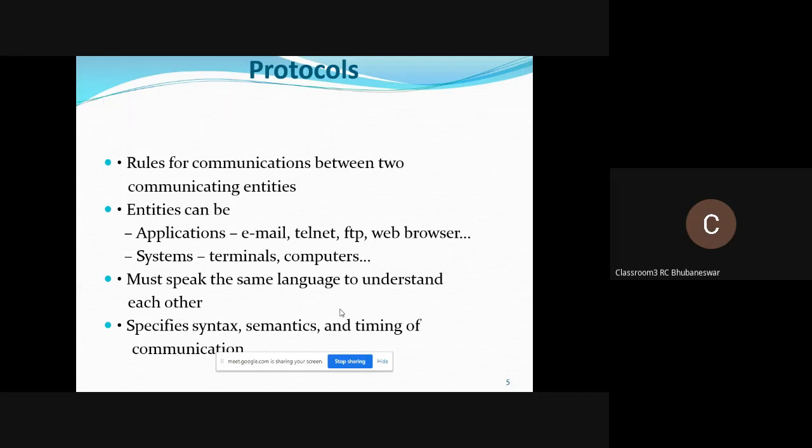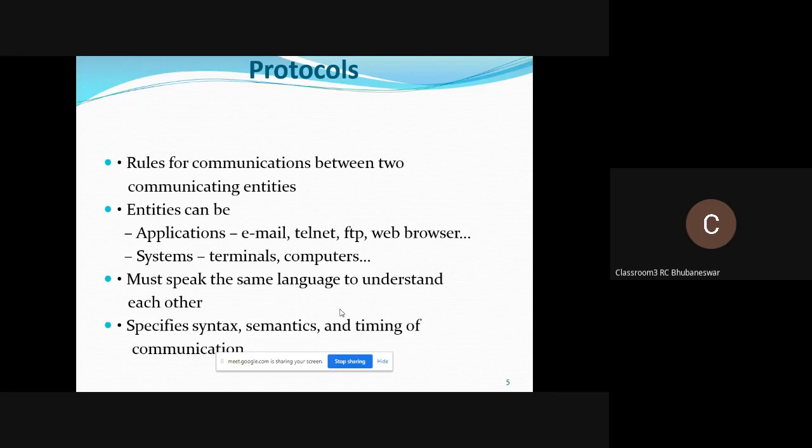If you look at this, we are also maintaining protocols. At this moment, I am delivering the lecture and you are listening carefully. When you want to ask a question, at that moment I have to stop. First I listen to your questions, then I give you the answers.